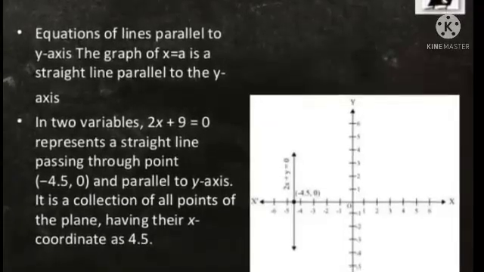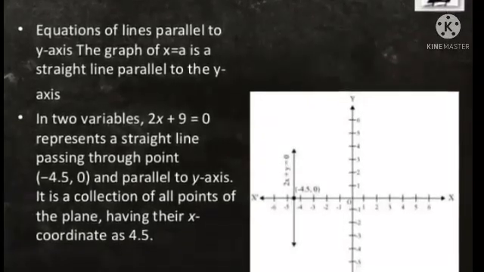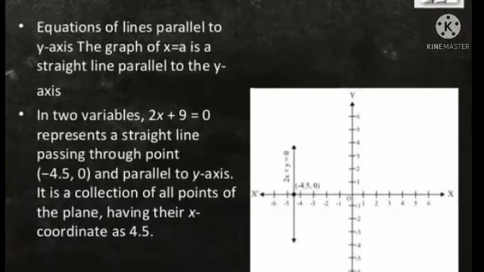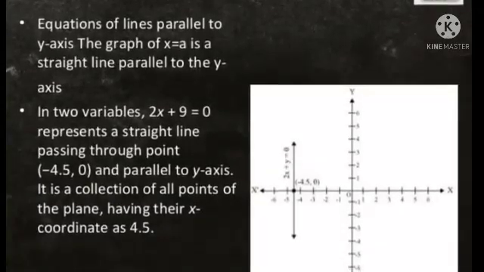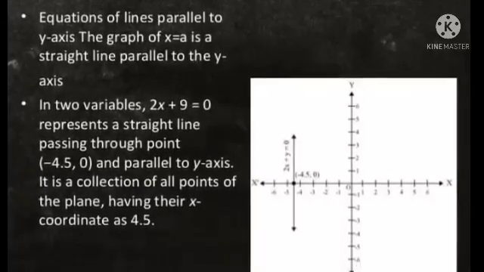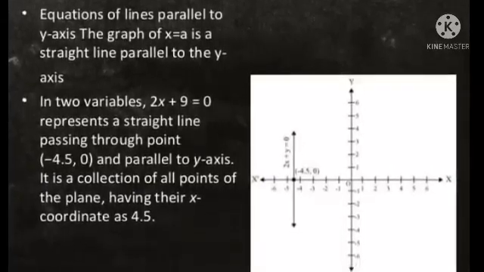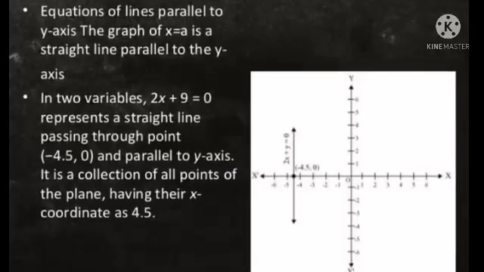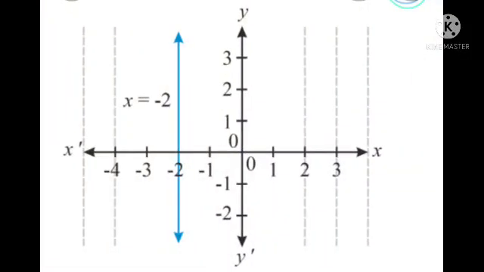It is a collection of all points of the plane having their x-coordinate as -4.5. Here is another example of a graph showing equations of lines parallel to y-axis.